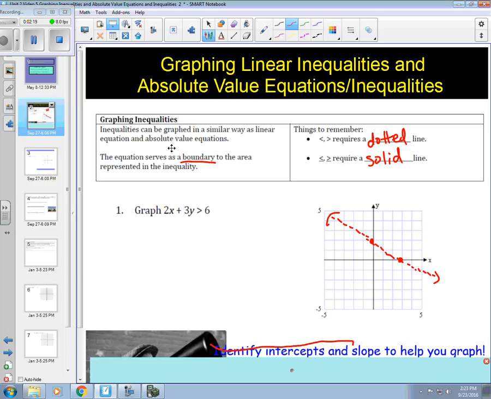So that's one way to do it. Another way you could do this would be to solve it for slope-intercept form, and we've done that too. If you solve this for slope-intercept form, the first thing you'd want to do is get the y by itself. So start by subtracting 2x from both sides. That cancels out.